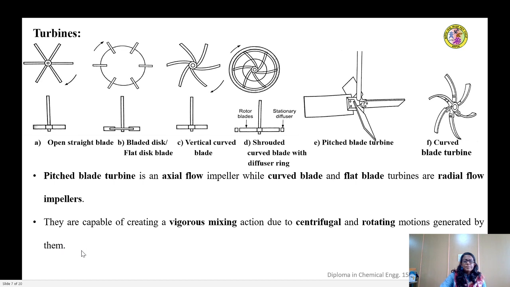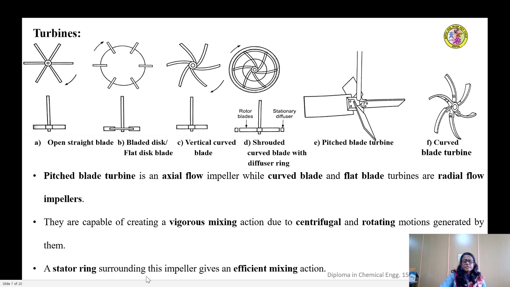Comparatively, turbine impellers create a vigorous mixing action due to the strong centrifugal and rotational motions generated by them. So unlike propellers, which are most suitable for low viscosity liquids, turbine impellers are effective for low viscosity liquids as well as high viscosity liquids.